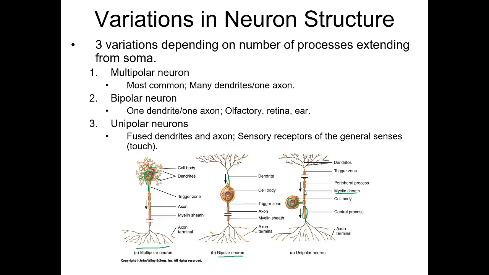Now, these gaps between the myelin sheath are called nodes of Ranvier. My apologies, I forgot to mention this in the previous slide where we actually discussed the structure of the neuron. The gaps in the myelin sheath are called nodes of Ranvier. When we talk about conduction of action potential, we will go over the importance of the nodes of Ranvier.